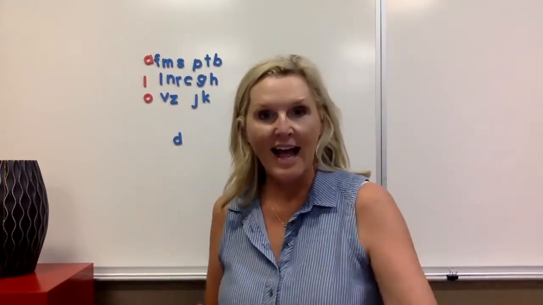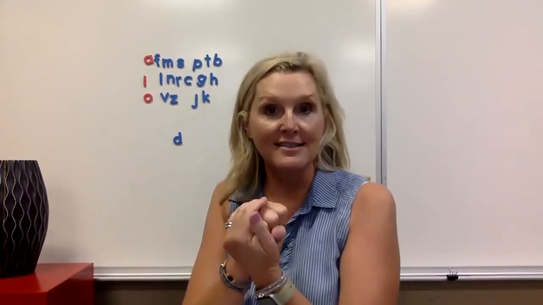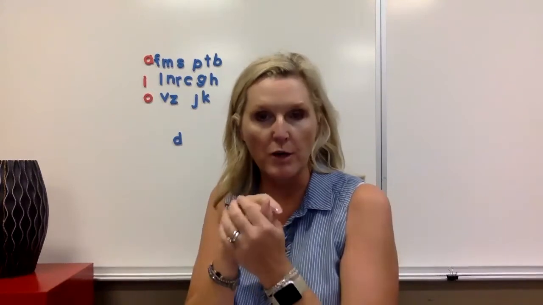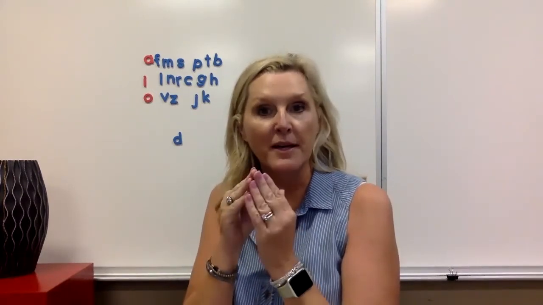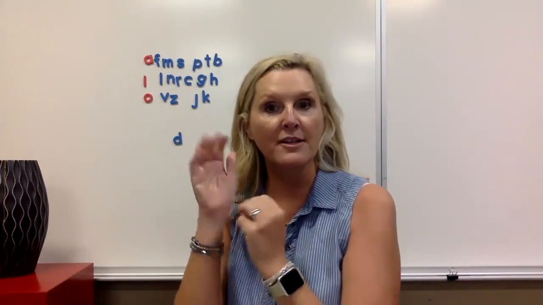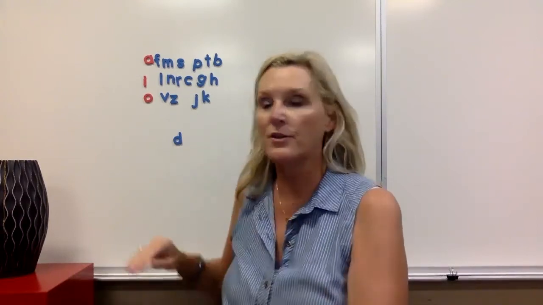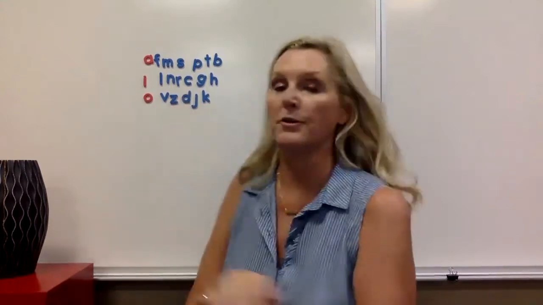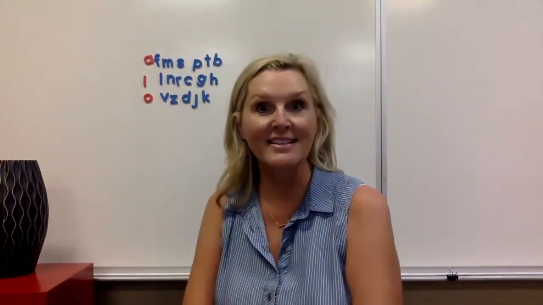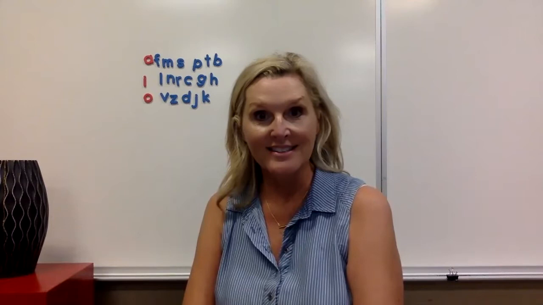Now then, I want you to think about our strategies. We pound and see how many syllables that word has. And then we spell each syllable by tapping out the sounds in that syllable. So the first one we're going to do today is the word zap.